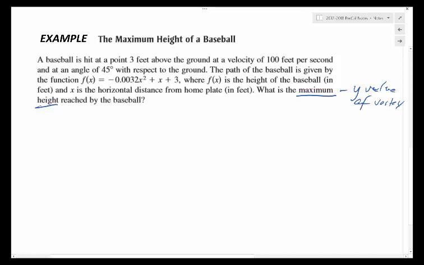So I'm going to take opposite of b over 2a. This is my a, this is my b, that's a 1, and that's my c. So negative 1 over 2 times negative 0.0032.